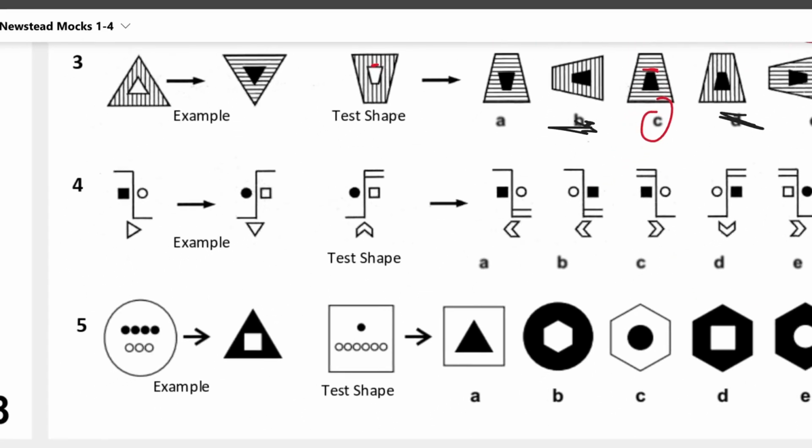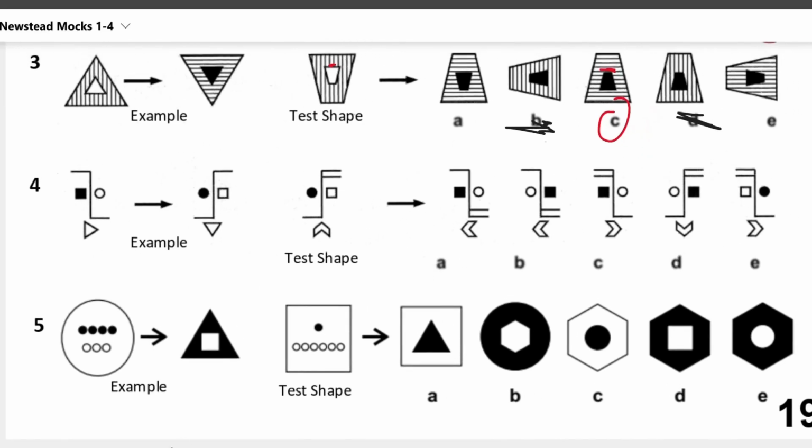Question number 4, let's make sure you can see. This arrow shape in the middle is going to experience a vertical axis of reflection.